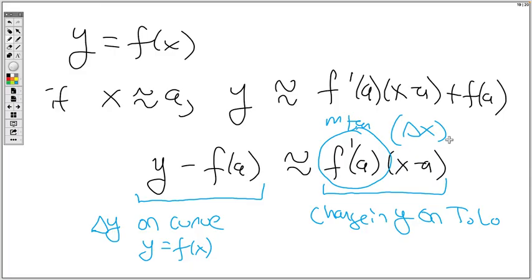You with me or not? So the change on the tangent line is what's called dy. That's called the differential in y. The differential in y is the change on the tangent line. And I got a picture here, we'll tie all this together.